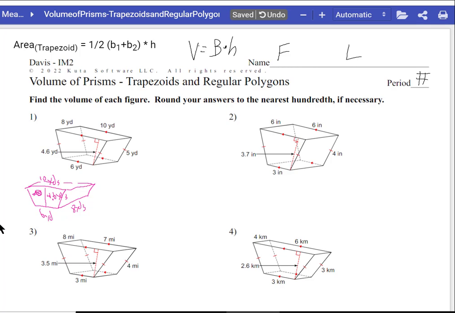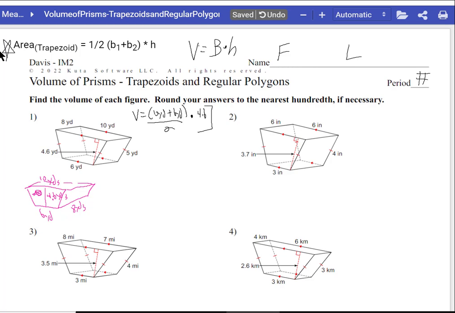The area of a trapezoid is at the top. I'm going to put a little star next to it. The area is half of the two bases added together, or the average of the two bases. So if the first base is 10, we're going to write this out: the volume is equal to 10 yards plus 6 yards, divided by 2, and then times the height, which is 4.6.